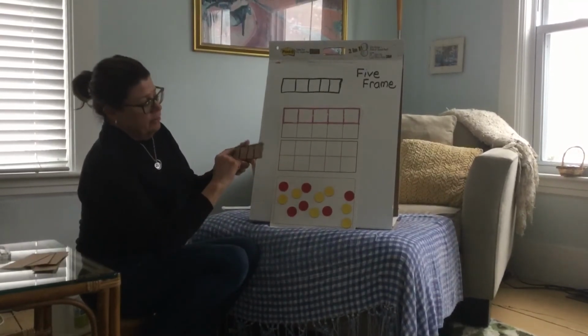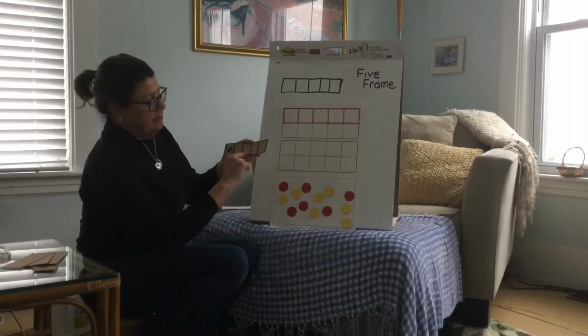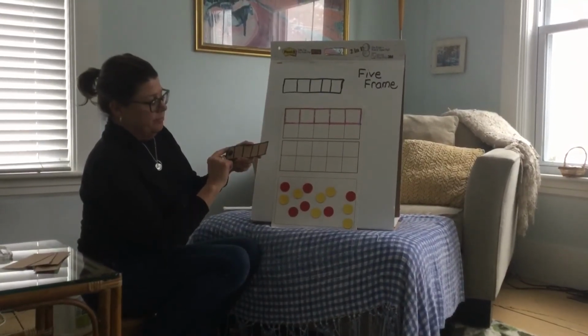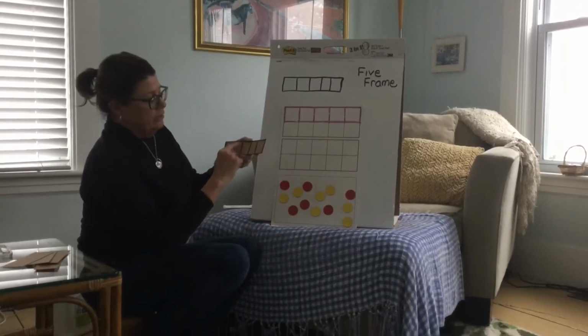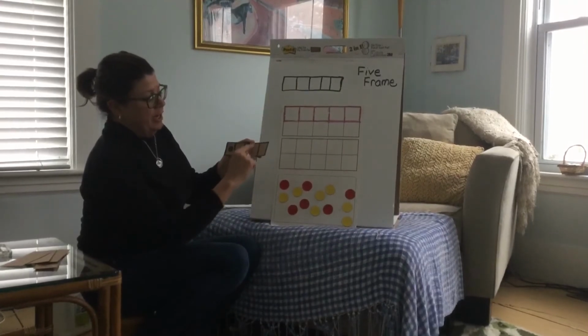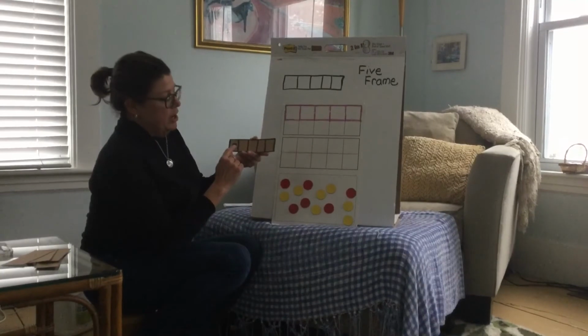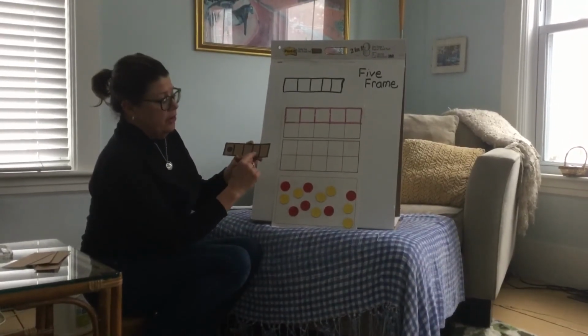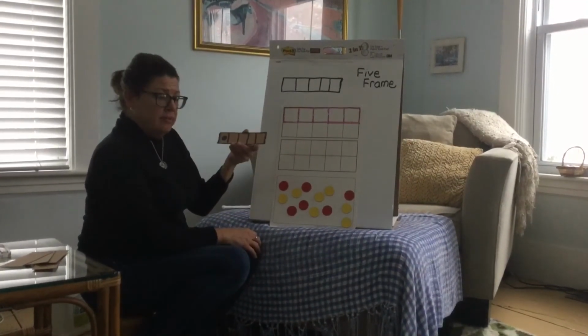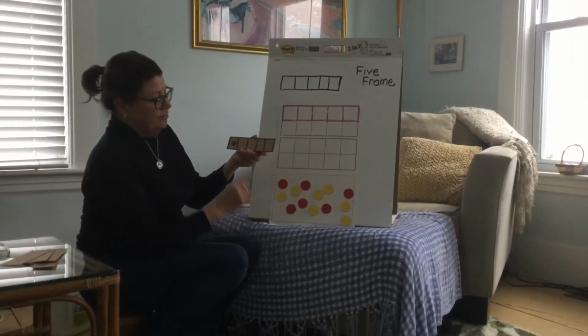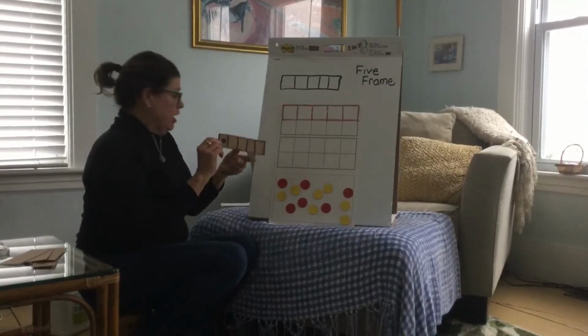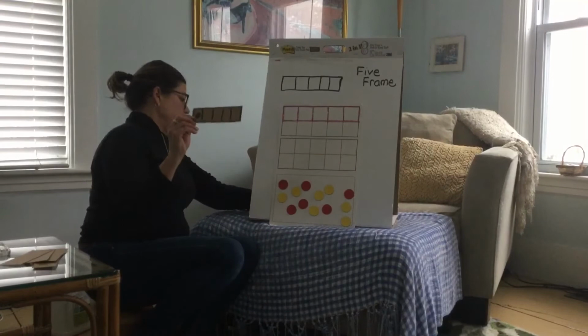I took a marker and outlined the outside of the rectangle and drew 1, 2, 3, 4 vertical lines to make 1, 2, 3, 4, 5 frames of about the same size. Then I began drawing dots in my frames.